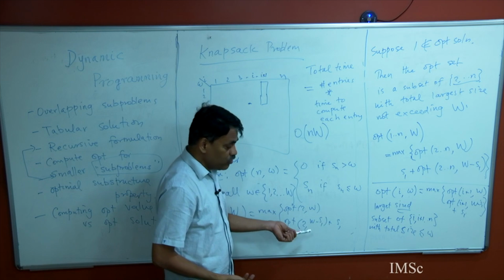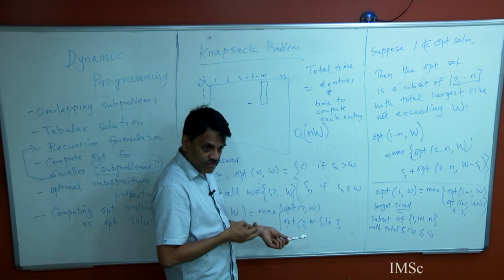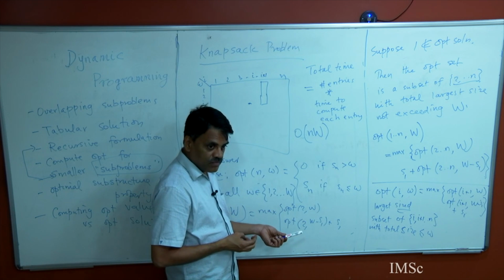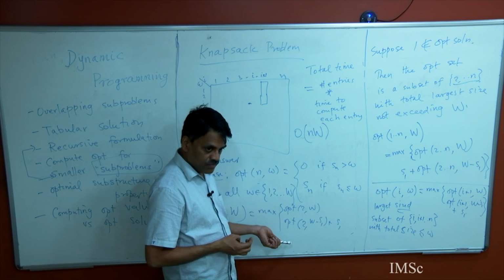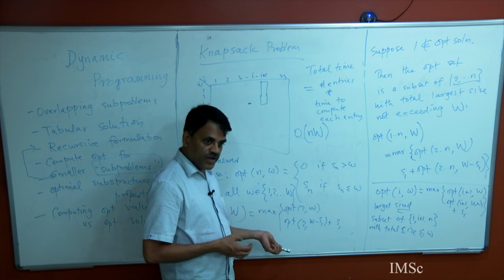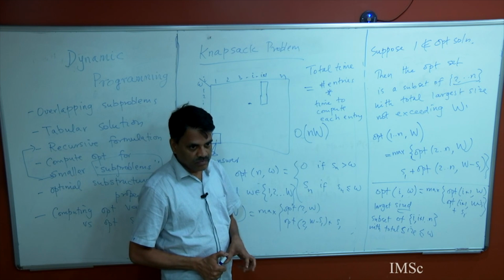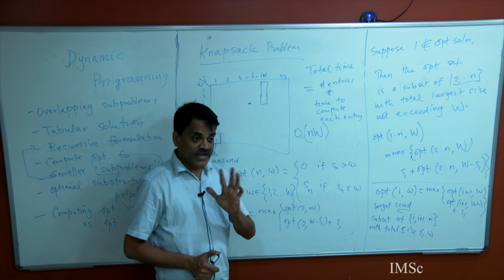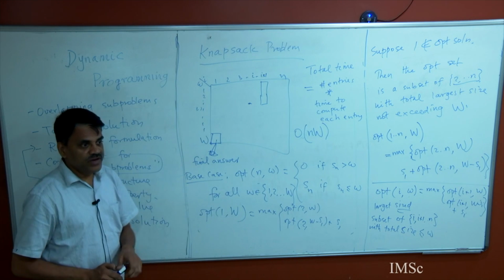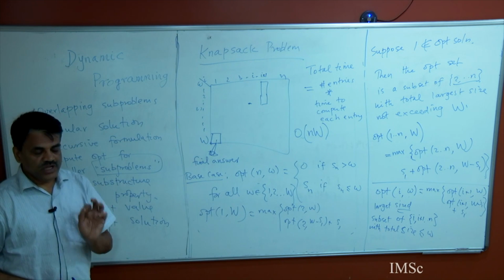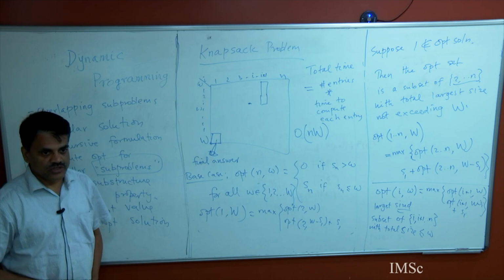You know these values, it's all sitting in the table. Whatever we computed, we can trace back, so it's linear time. Think of it as, I want to determine whether S1 is in the solution or not.